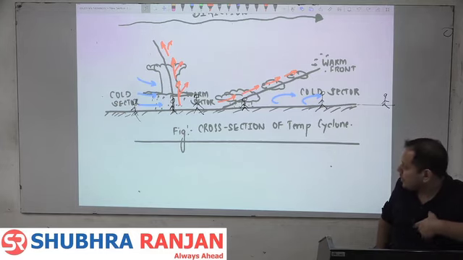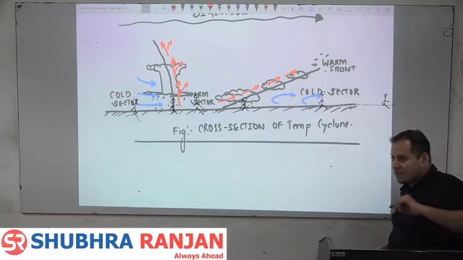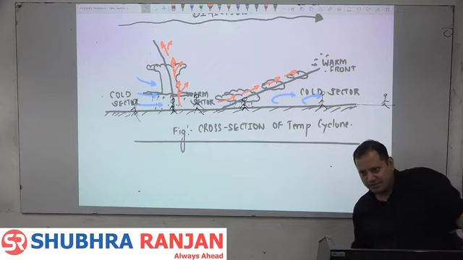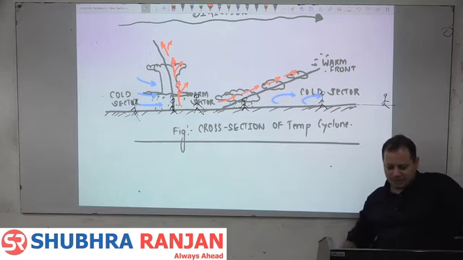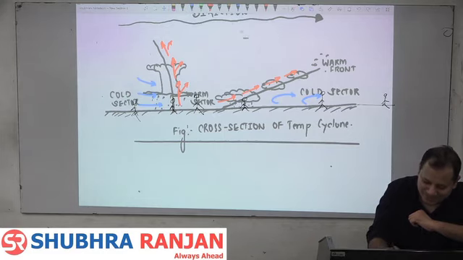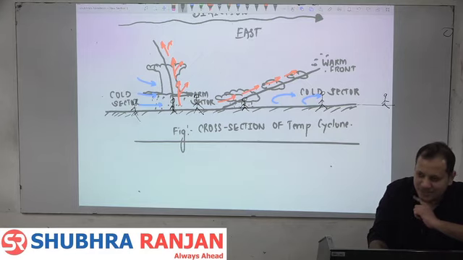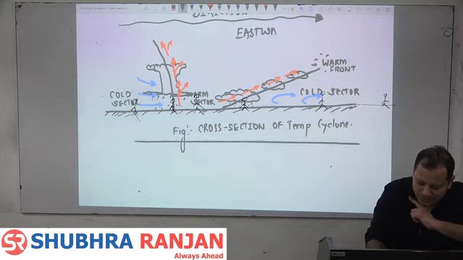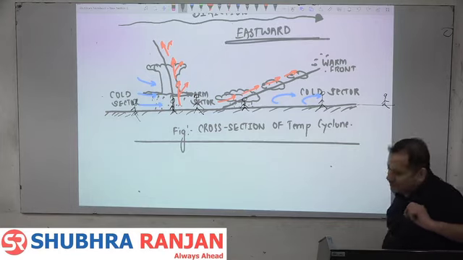So take the point. The observation point of an eastward moving temperate cyclone. Eastward means from west to east. What will you write?